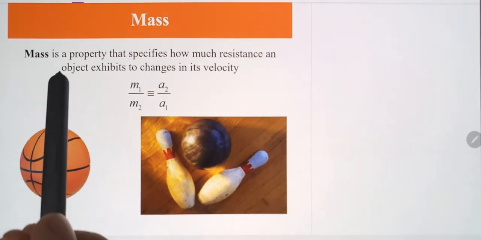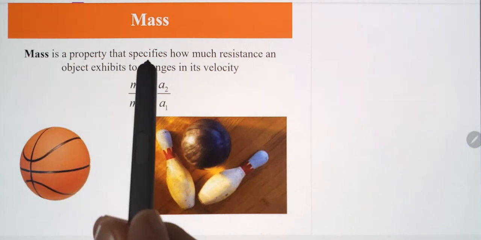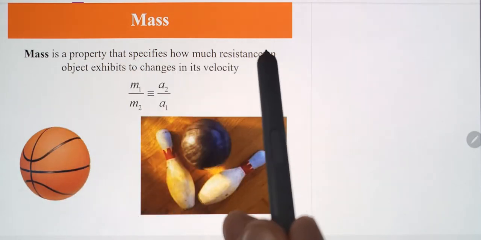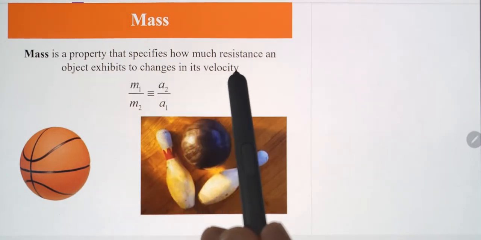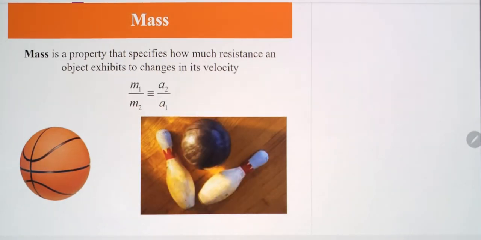So mass is a property that specifies how much resistance an object exhibits to change in its velocity, which is the inertia, the resistance to change of its status. If it is stationary, it will resist moving.